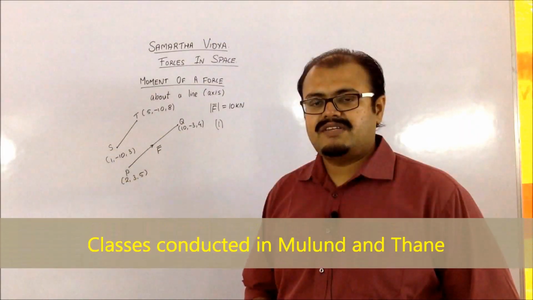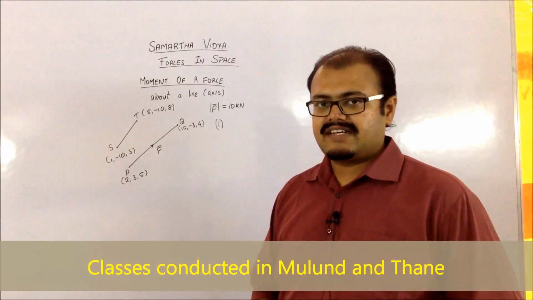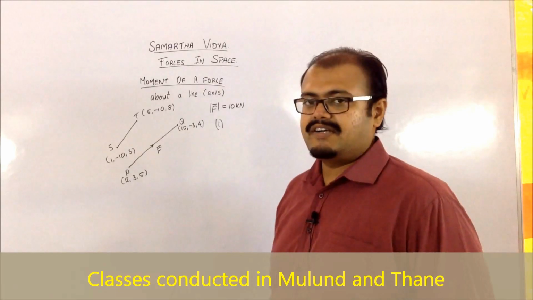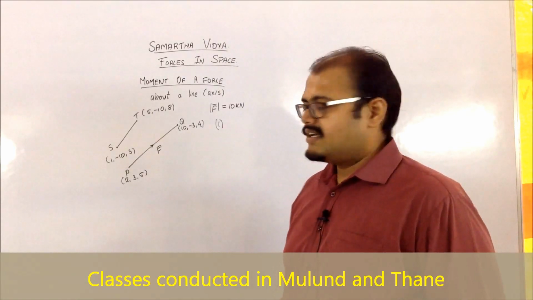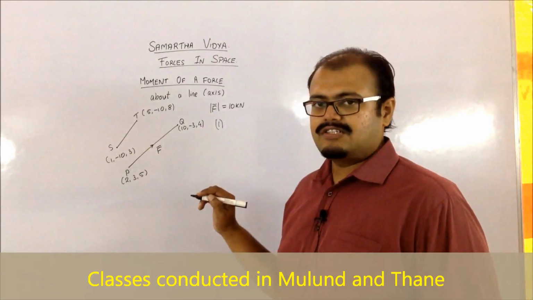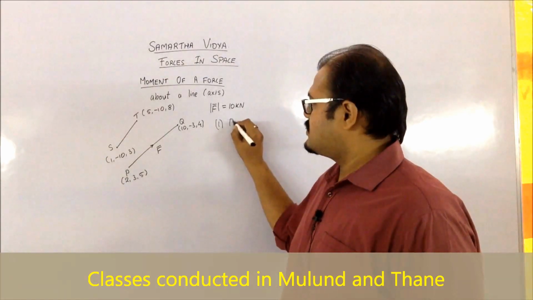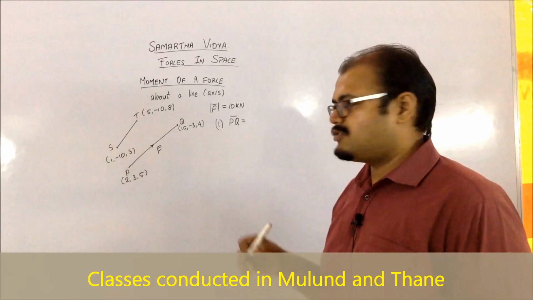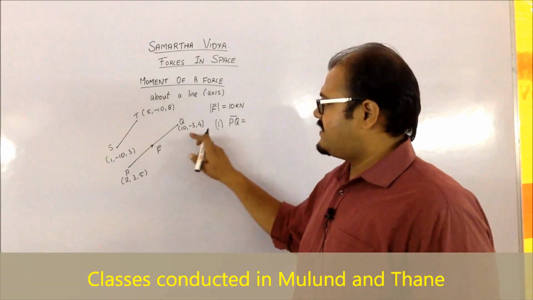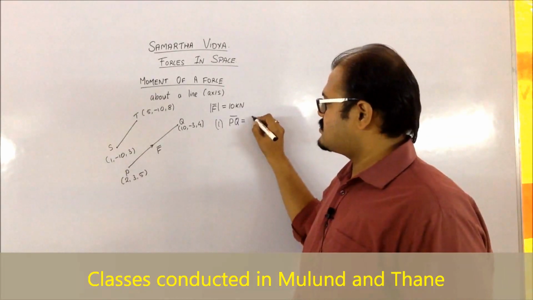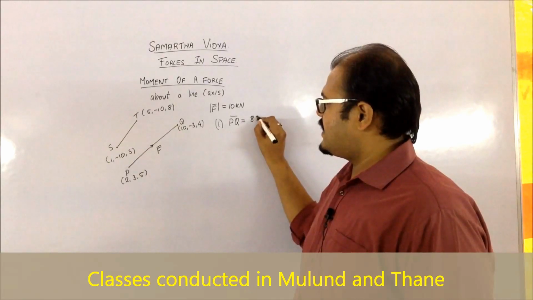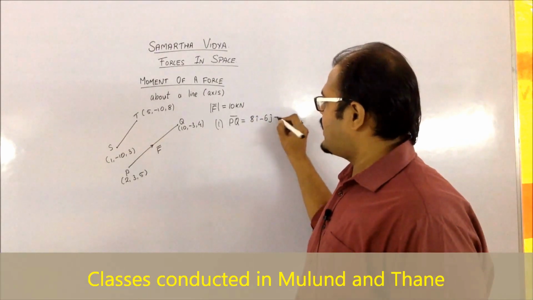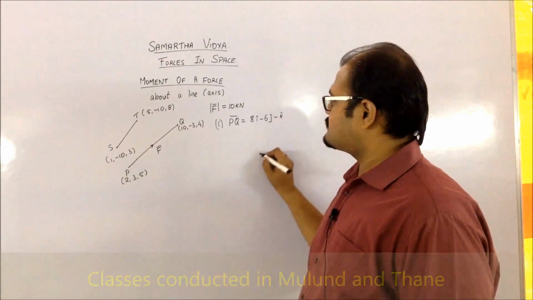So in the first step, you need to represent your force in vector format. For that, they have given you the coordinates of the points through which it is passing. So let us find the vector PQ bar. My PQ bar is going to be Q minus P, so that is 8 i cap minus 6 j cap minus k cap.